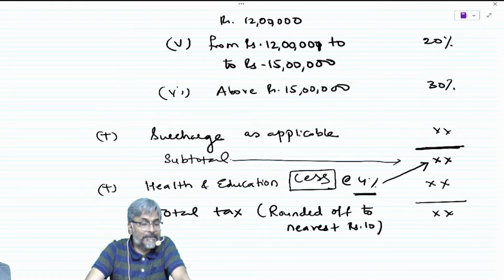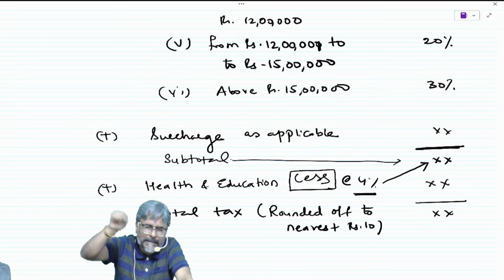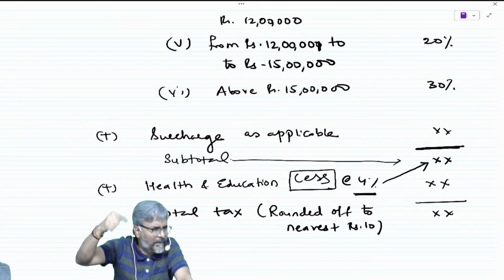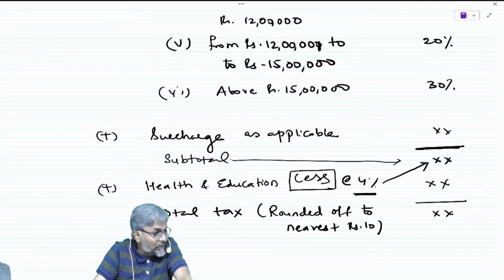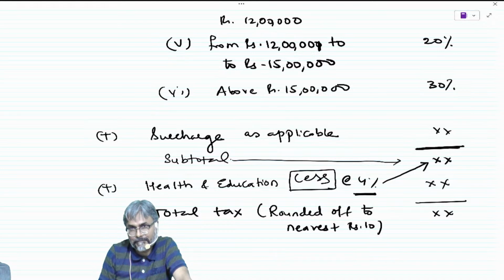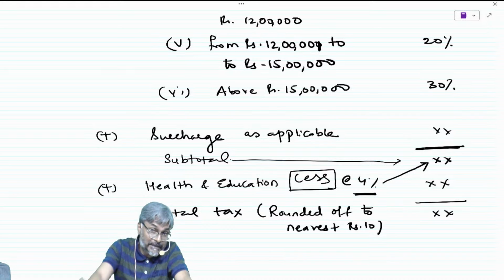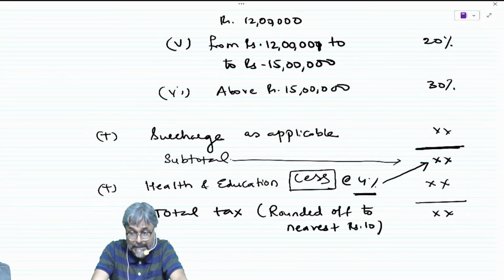If the tax is 4,922, what are you going to say? 4,920. The nearest 10 is 4,920, so that is the tax. If you don't do this, she said, half marks are deducted. She told very categorically; that is the instruction from the ICAI. So nearest 10. Is that clear to all of you?